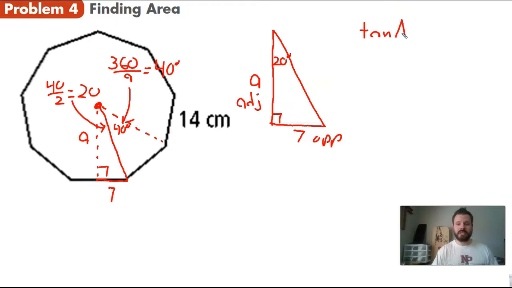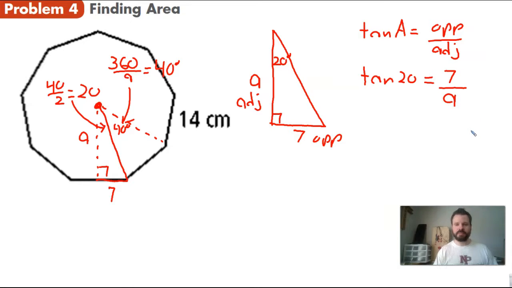We know that tangent of A is equal to the opposite over the adjacent. All right, filling in what we know, the angle is 20, so we can say tangent 20 is equal to the opposite 7 over the adjacent A. And then I need to solve this equation for my A. I'm going to multiply both sides by the denominator, the A, to clear out the fraction.